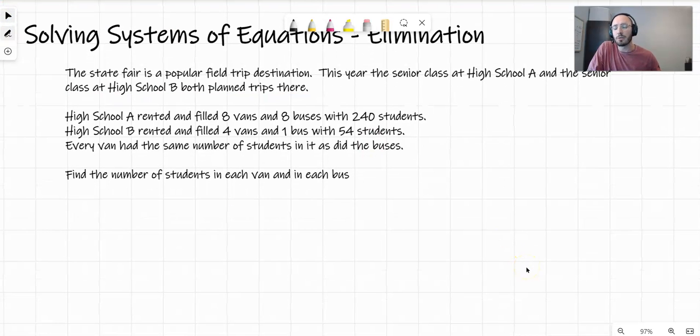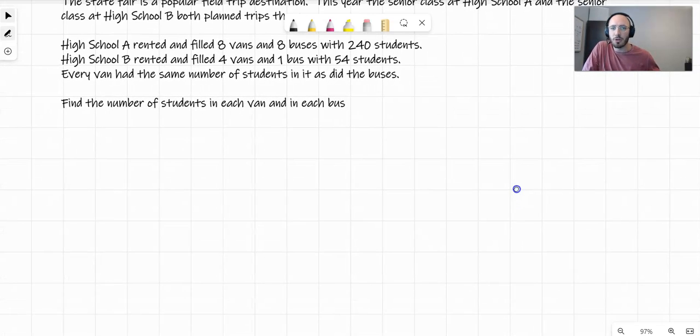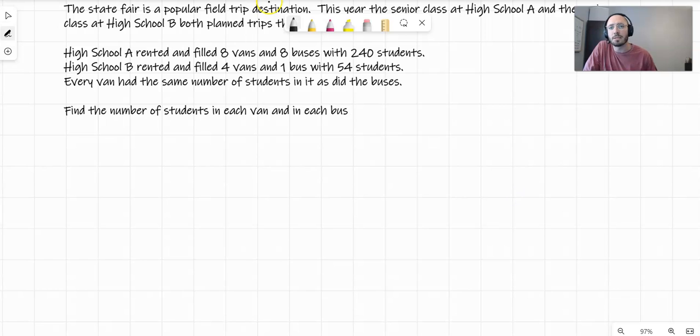So the first thing we need to do is come up with a couple equations to model this situation. So first thing I've got to do is establish my variables. Those are my unknowns. So what don't we know here? Well, we don't know the number of students that fit in a van and the number of students that fit in a bus. That's what we're trying to figure out. So those are going to be my variables.